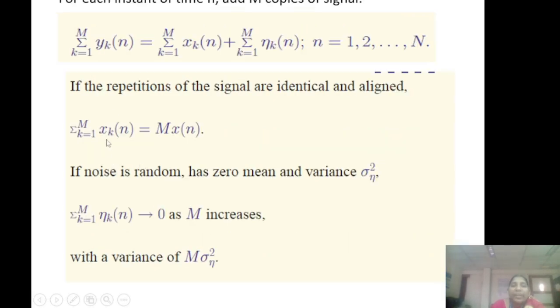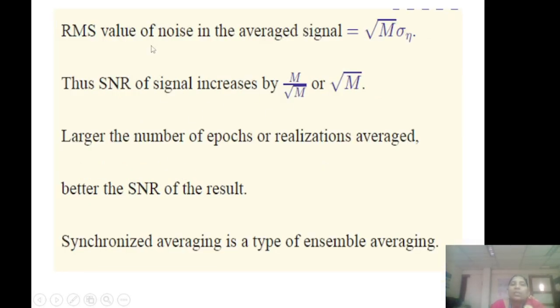So finally we get the summation over k equal to 1 to M of y_k(n) equals M times x(n). The RMS, root mean square value of noise in the average signal, is given by the root of M times sigma η. So the signal to noise ratio of the signal increases by root M. For a larger number of epochs or realizations averaged, the signal to noise ratio is better.